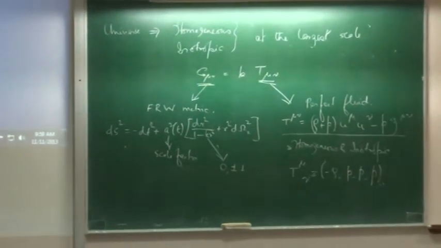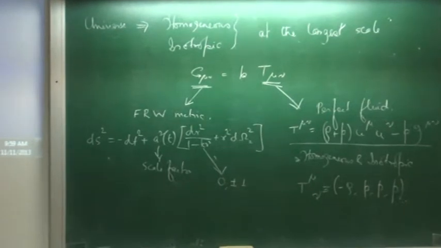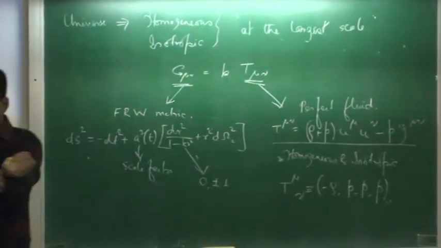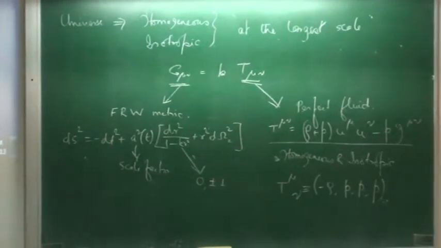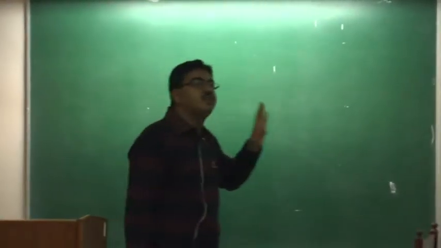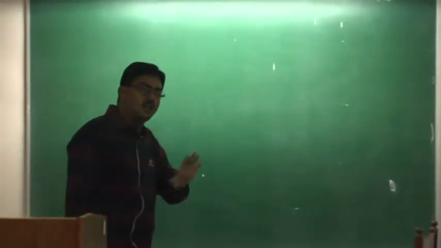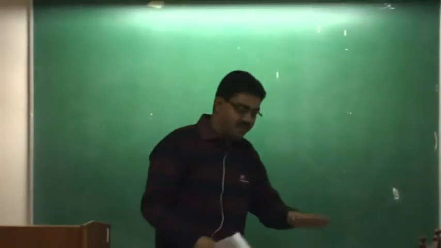Can I use this board also? Fine. So if you start from here, you have your background Friedmann equations. With this G mu nu, you just write down your background Friedmann equations. You know how to write them down.